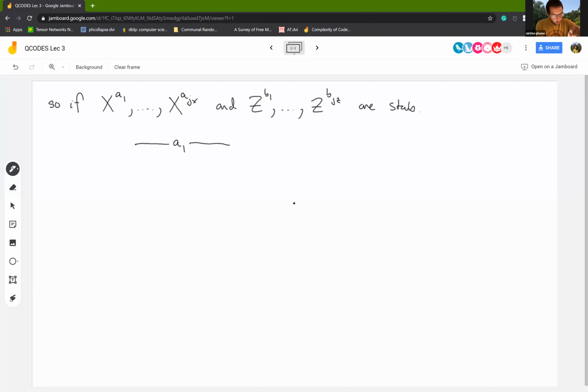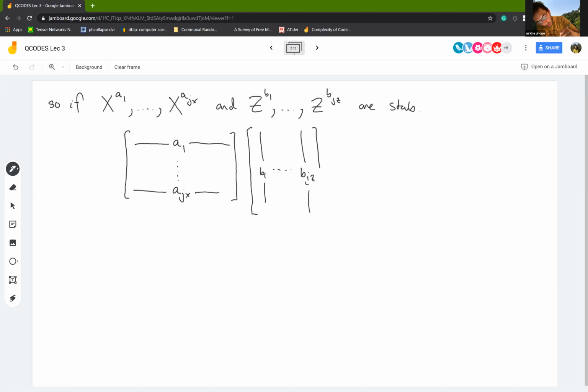So if I write the vectors a horizontally, something like this, and I look at this matrix, and I look at another matrix, which is just all the vectors b, b1 through b_jz, this way, I require that this product is indeed 0, right?